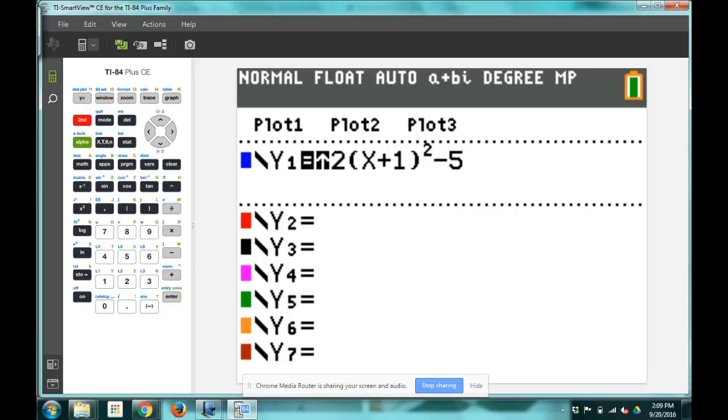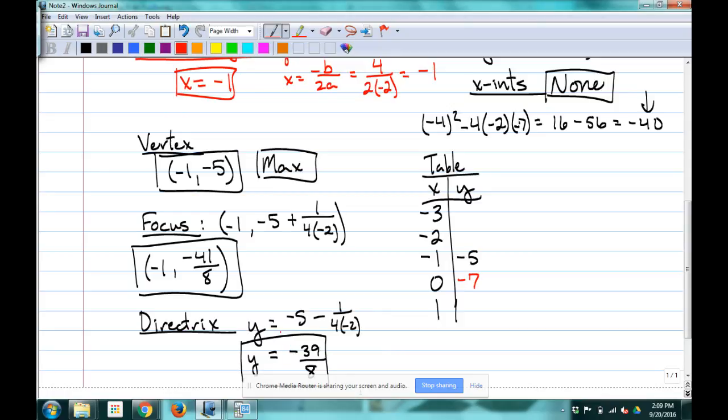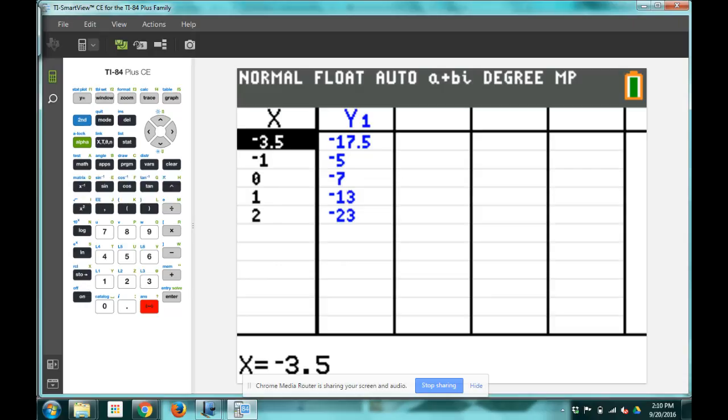Once you get that typed in, you're hitting second and graph to go to the table, and then you're going to plug in the table that you've got already handwritten. The X values that we're going to type in are -3, -2, -1, 0, and 1. -3, enter. -2, enter. -1, enter.